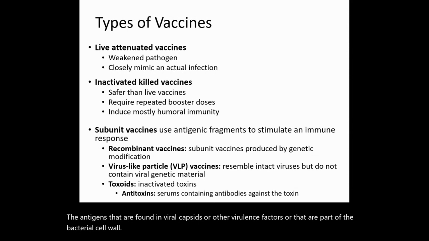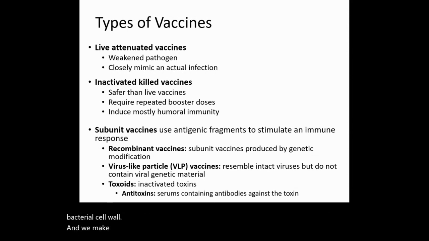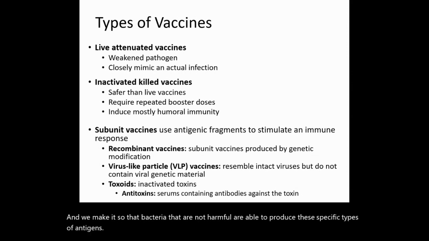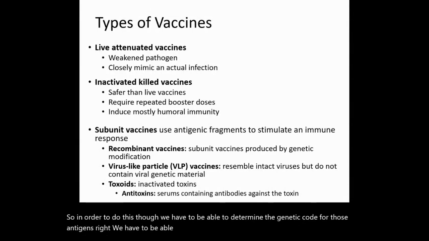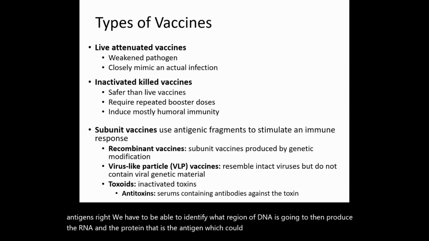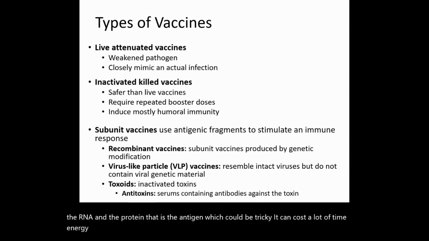And we make it so that bacteria that are not harmful are able to produce these specific types of antigens. So in order to do this, though, we have to be able to determine the genetic code for those antigens, right? We have to be able to identify what region of DNA is going to then produce the RNA and the protein that is the antigen, which can be tricky. It can cost a lot of time, energy, and money in order to do these.